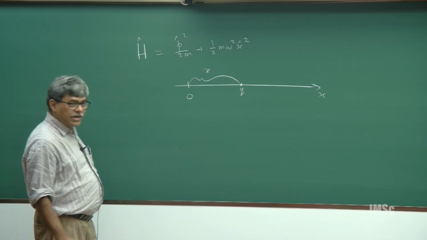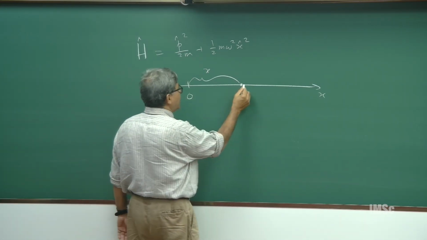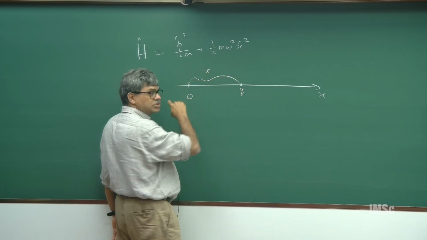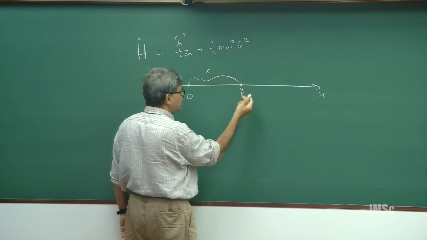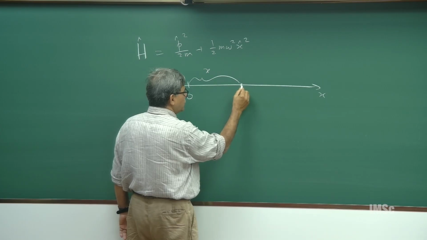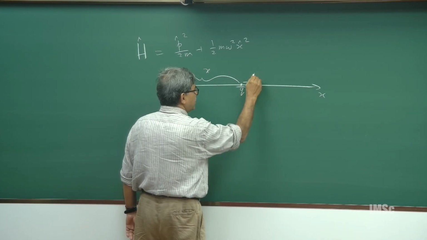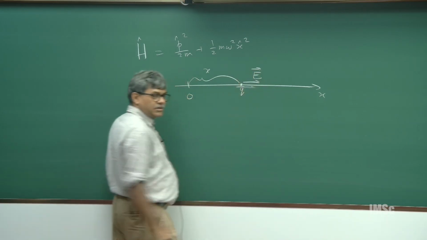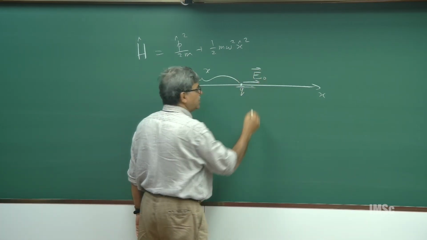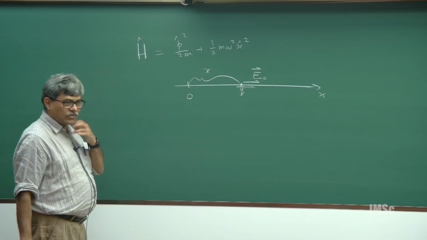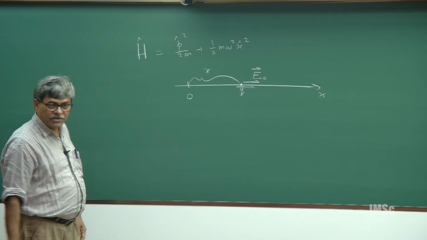Okay. And so, apart from these harmonic motion, that is the harmonic potential, this is also being acted upon by, let me write it here, by a constant electric field. Okay. So, if you want you can call it as E 0. So, it is a constant electric field.